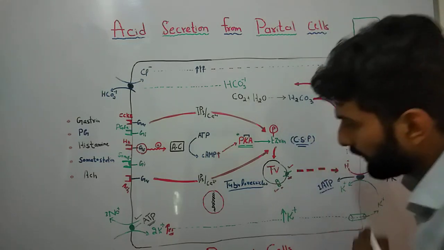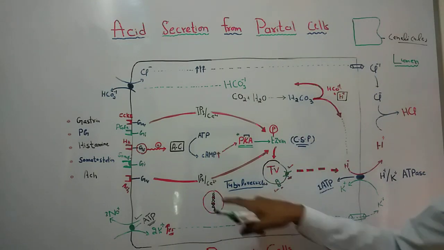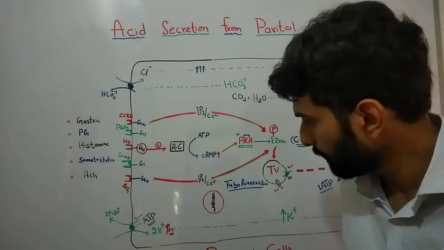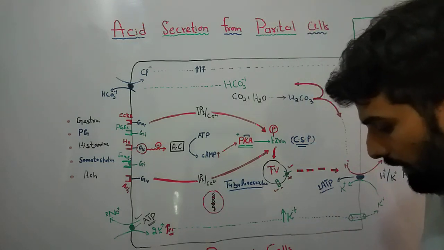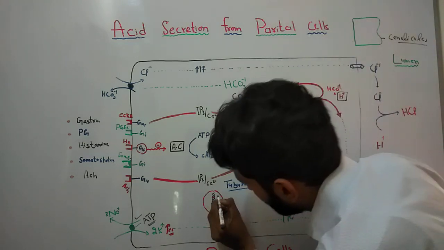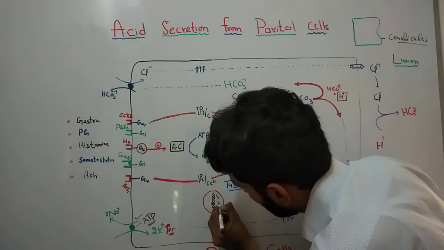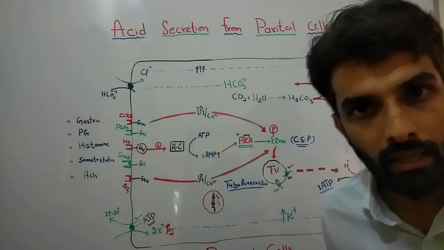So assume that these are the genes. This gene is for the hydrogen potassium ATPase pump, and this gene is for the potassium channel. So what will happen after transcription? Messenger RNA will be formed after the transcription of these genes.